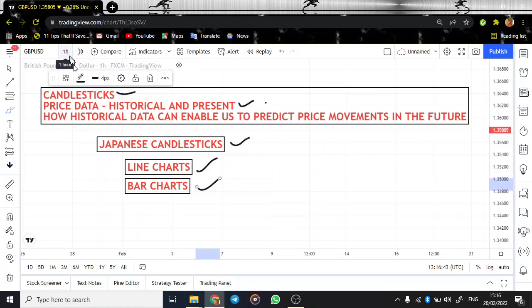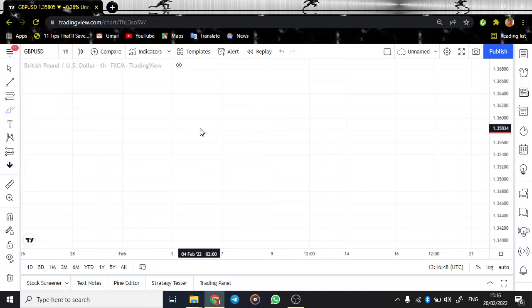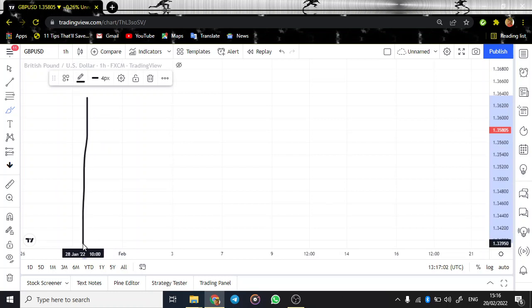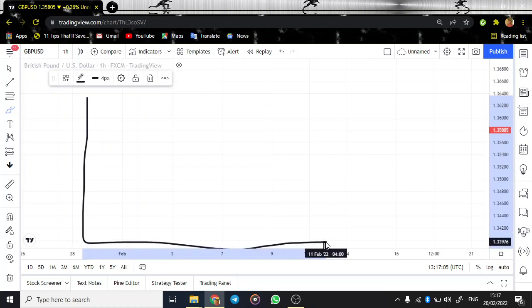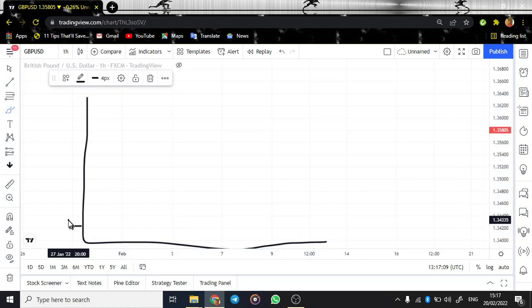Okay, so for the Japanese candlesticks, they were designed in Japan, of course, by the Japanese in order to show how price movements are. And if we can draw our chart here, let's say we have price moving from point 1, we have point 2 on the axis here, we have point 3.